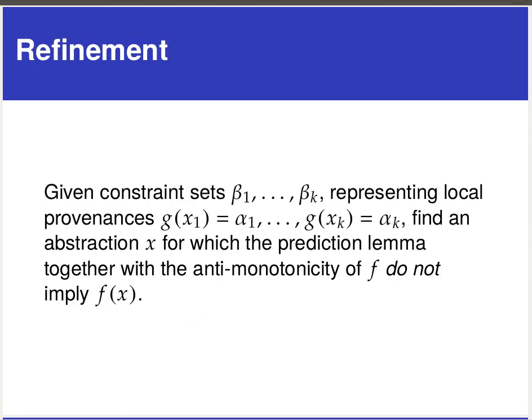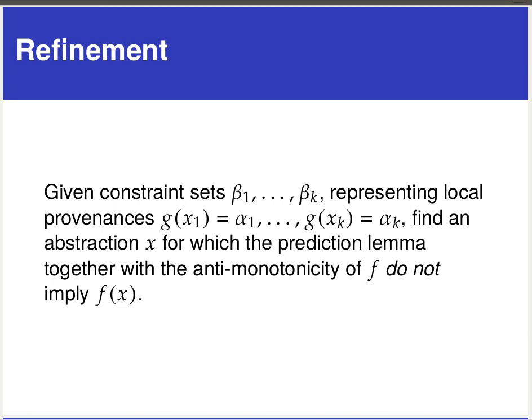Okay, so now I presented enough background to tell you what we're doing in the paper. In the paper we solve this refinement problem. We say, given a few sets of constraints, beta 1 to beta k, so several sets of constraints, each of them representing local provenance at some abstraction.